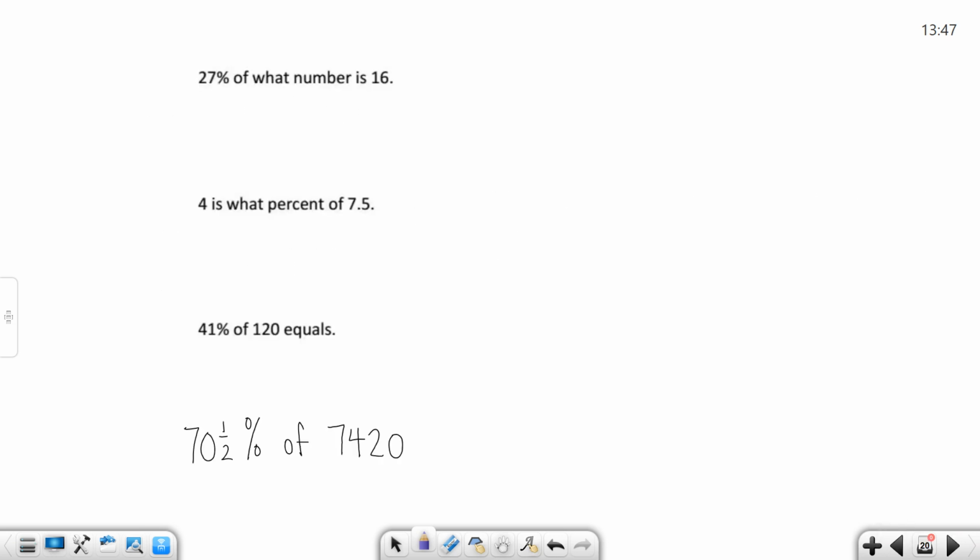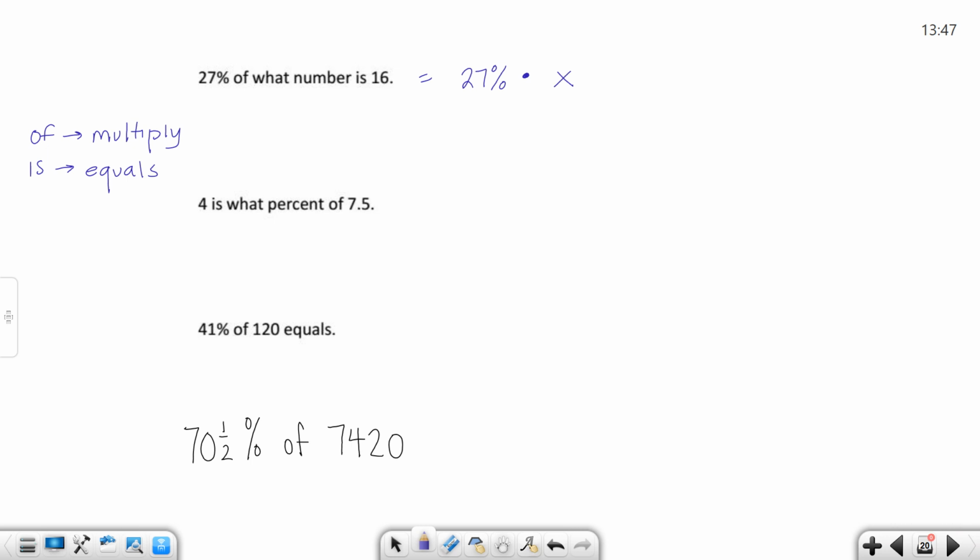All right, looking at our next one. In math, of means multiply, and is means equals. So if I look at this one up here and we're changing it to math, we're going to say 27% of means multiply.